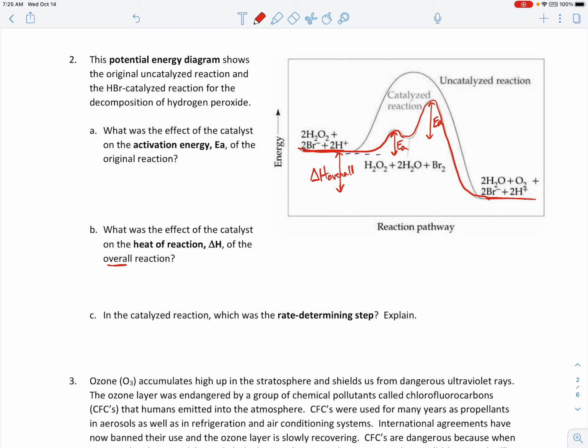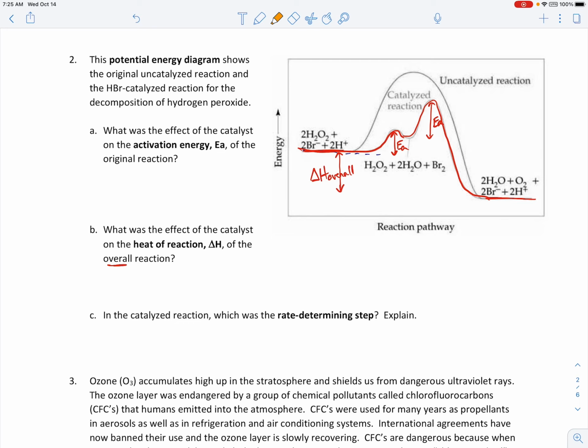Part C, pause the video and try to answer that. Of the two steps, which one was the rate determining step? Well, the rate determining step is the slowest step of the mechanism. You should remind yourself of that. And therefore, it's the step that has the largest activation energy.